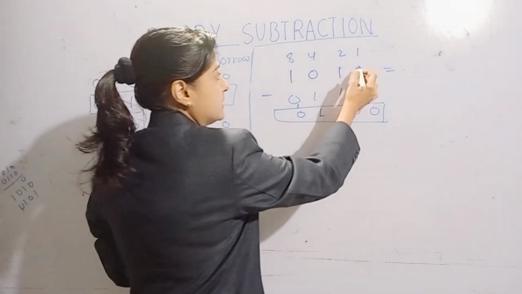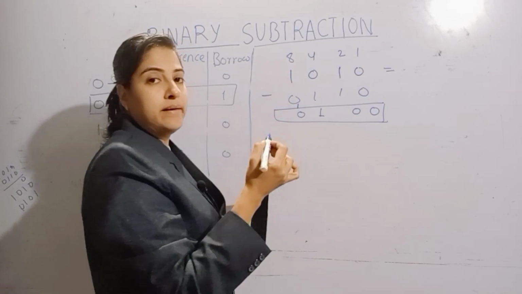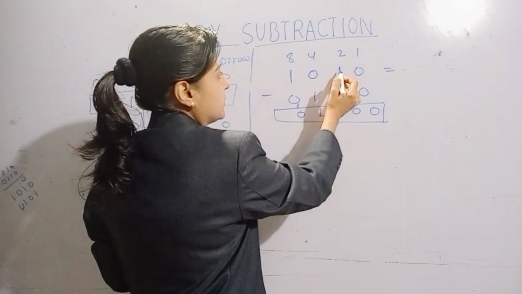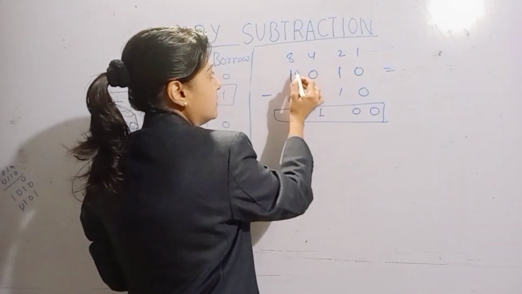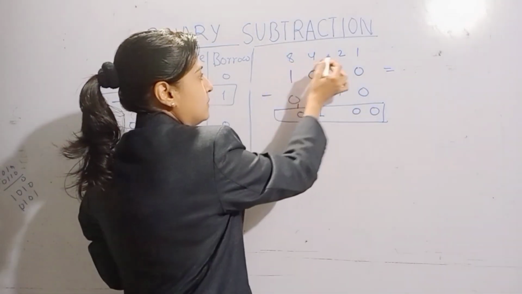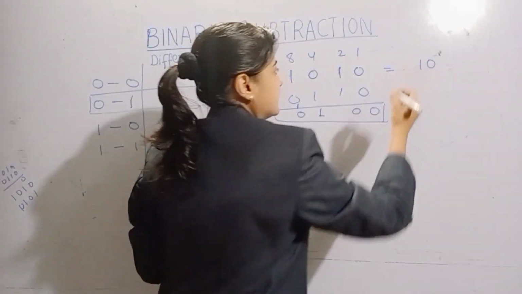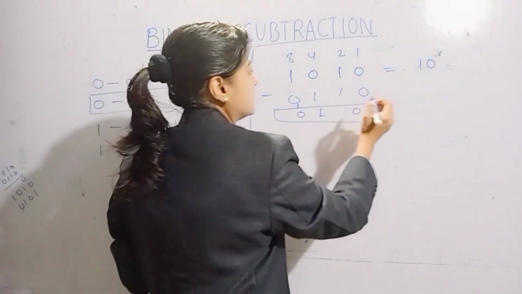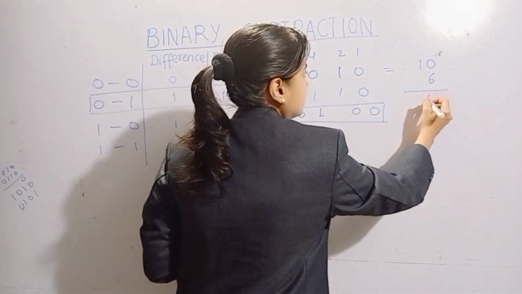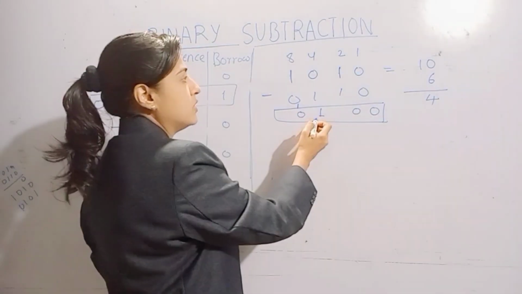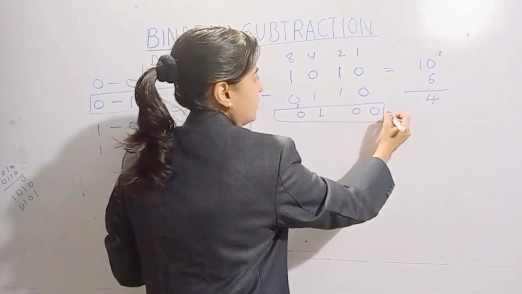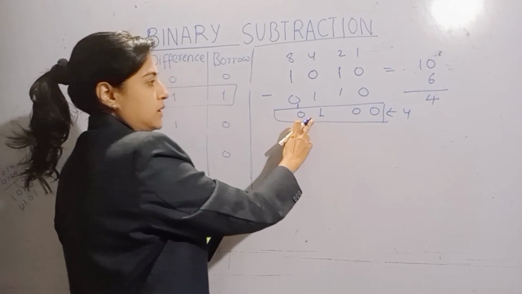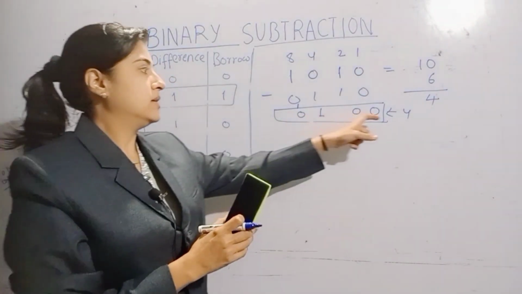Wherever there is a 1, we consider that number. So 8 plus 2, the decimal equivalent is 10, and here 2 plus 4 is 6. So 10 minus 6, the answer is 4. Did I get the result 4? Yes, I am getting 4. This is the decimal equivalent.